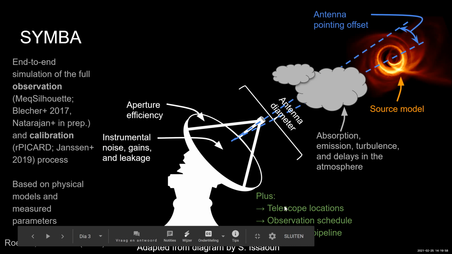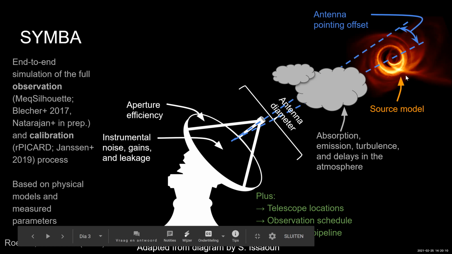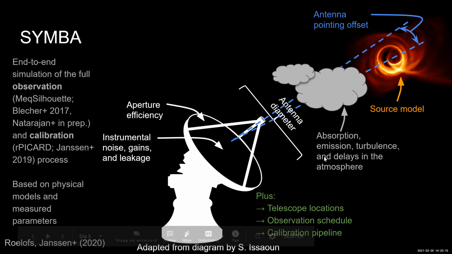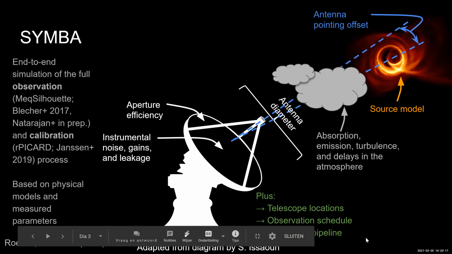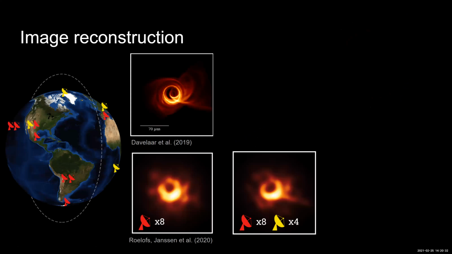And then when you put in the telescope location and an observation schedule, which can be a real one that has been observed or is planned to be observed, and then you can give it a source model, SIMBA will then generate the raw synthetic data and then pass that through a calibration pipeline, RPICARD, developed by Michael. And then it will do a fringe fitting and amplitude calibration, and then you get a calibrated data set. And that you can then use, for example, to reconstruct images.